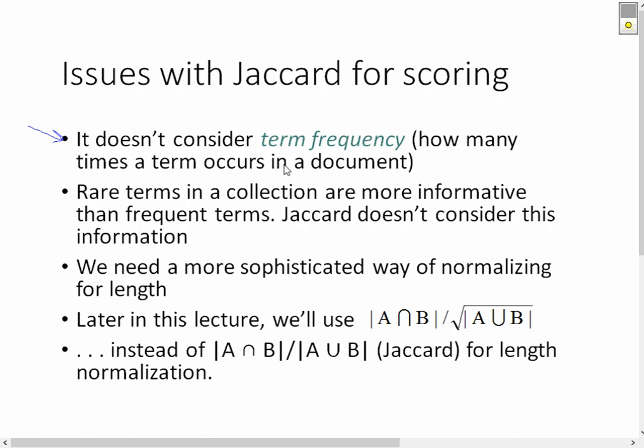So I'm not going to count a word if it appears 14 times, etc. The problem is that it doesn't have a way of normalizing for length, so the length of the document can actually skew this. So the Jaccard coefficient is probably not so good as a measure for determining the similarity between two documents, or the similarity of a document to a query. In the next lecture, we're going to look at some alternatives.